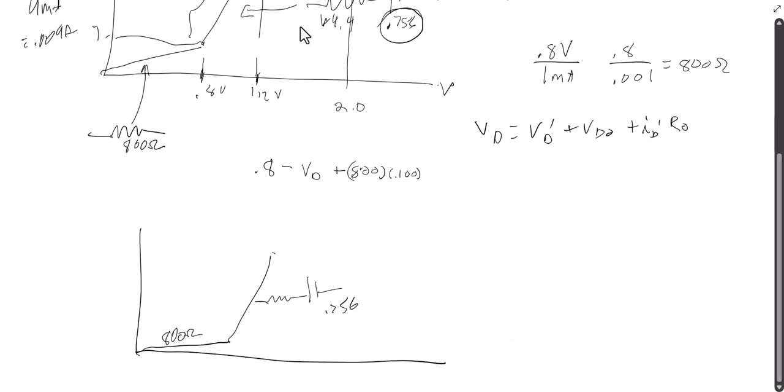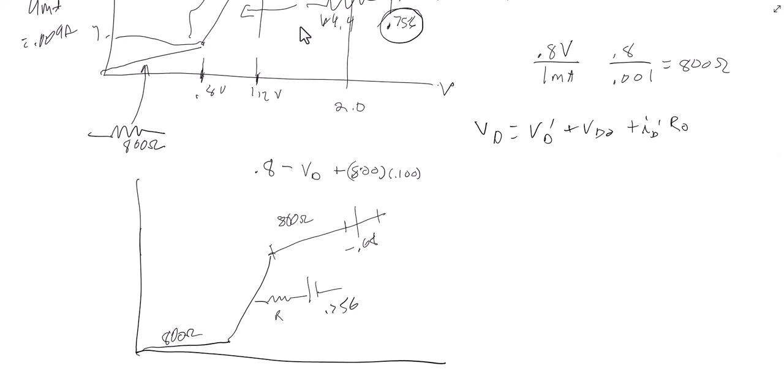In this last region you get the resistance again from the slope, and then it'll be a negative voltage of negative 0.68, and we'll just assume that's the way they did it, because I don't have a better answer.